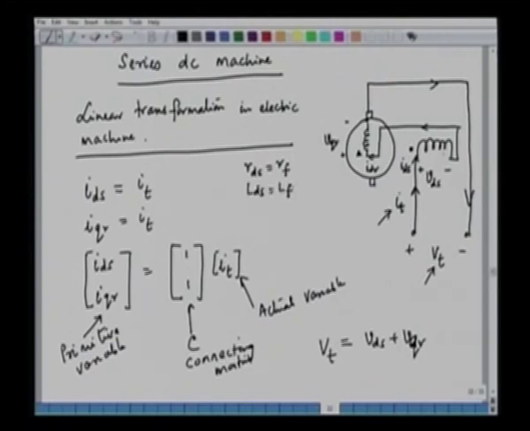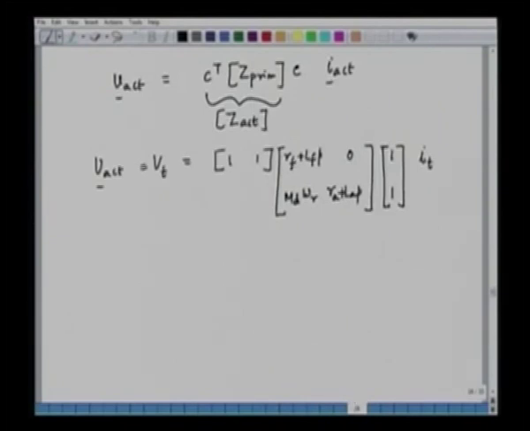The field inductance is same as the LDS, and similarly RQR is equal to RA, the armature resistance, and LQR is equal to LA, the armature inductance. So these are the various values of the parameters of the machine. Now we can replace this RDS by RF, LDS by LF, RQR by RA, LQR by LA.